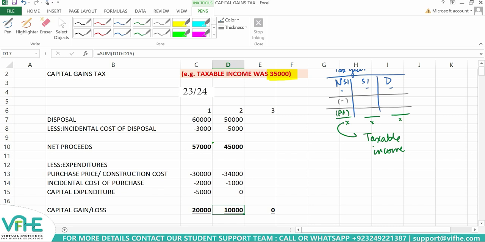So that's how we can say that over the disposal activity of this land, he has generated a gain of £10,000.